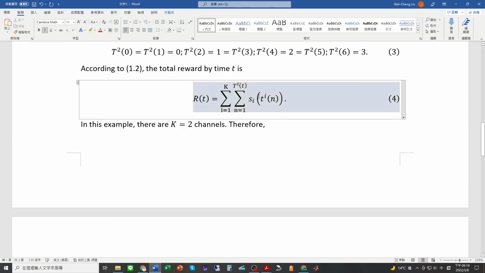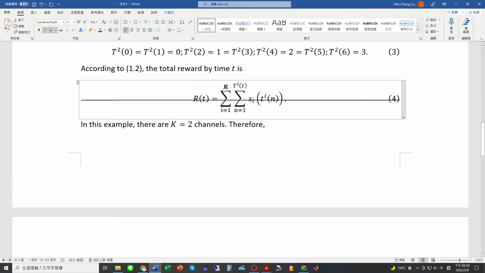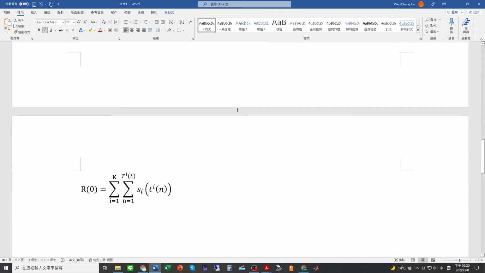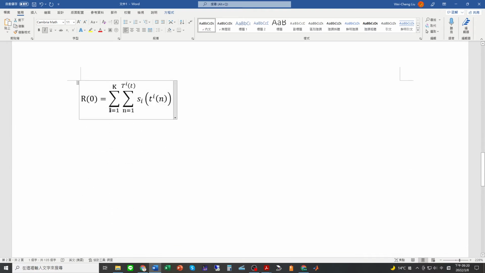Oh, sorry, I need to adjust. It should be italic, and it should be italic, and it should be italic too. So i is equal to 1 to k.